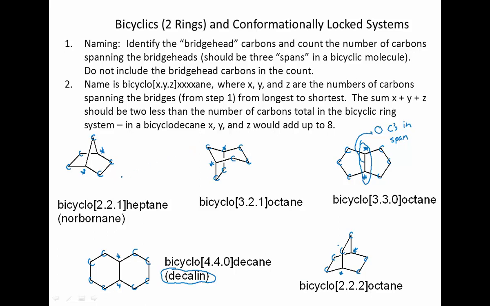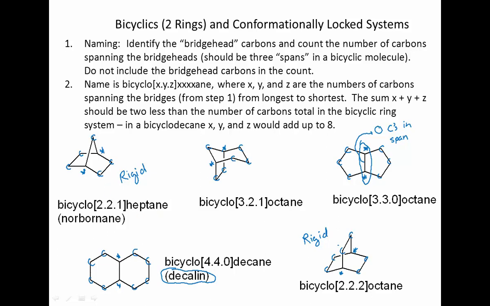If we look at these two compounds here, we'd have to say that these two compounds are conformationally very rigid. Okay, they can't really move their atoms very much without causing extreme degrees of strain.